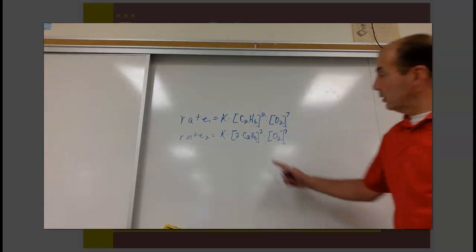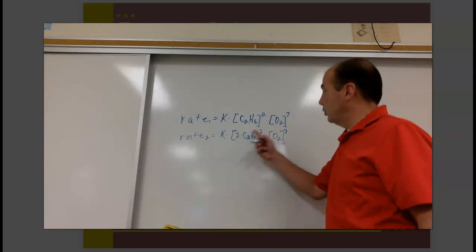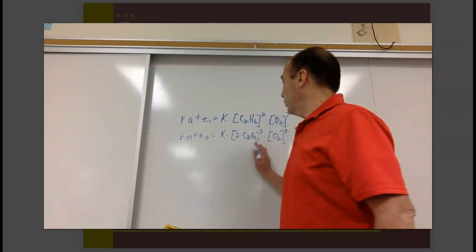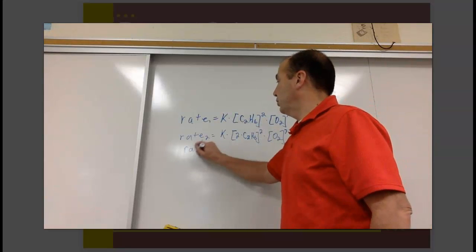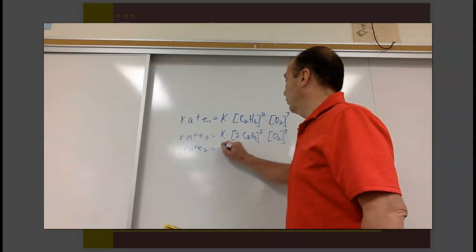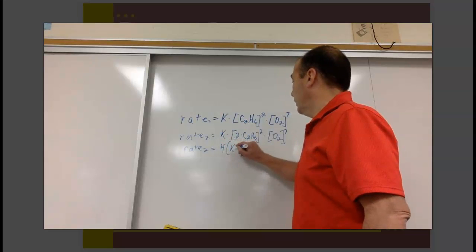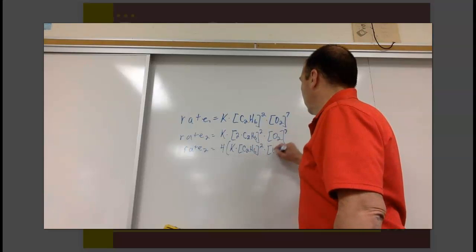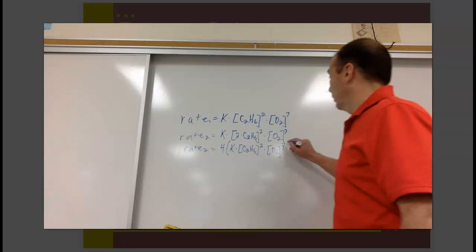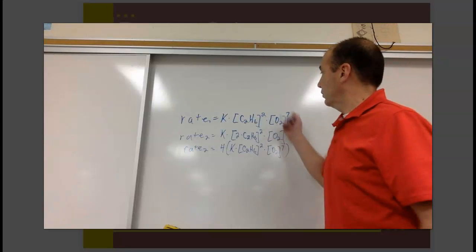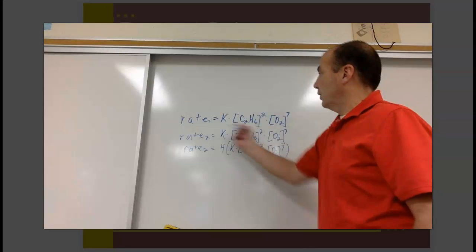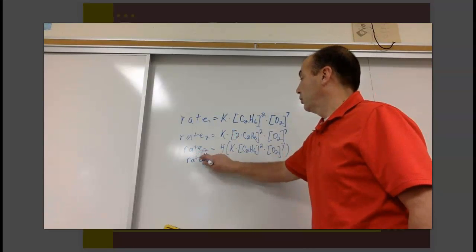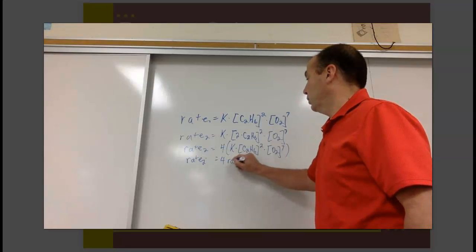Since I'm doubling this, keep in mind that's 2 squared, so that means 4. If I pull that 4 out, I would have rate 2 equals 4 times K times C2H6 squared times O2 to the 7th. And what's in parentheses is rate 1. So that means that rate 2 would be 4 times rate 1.